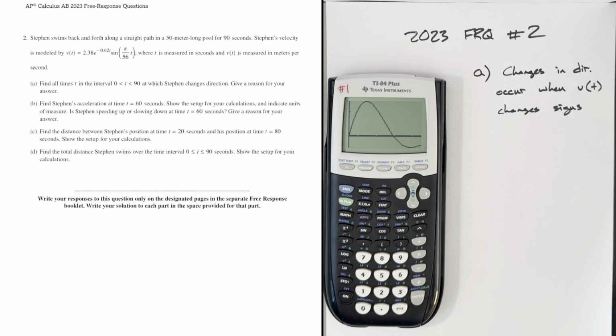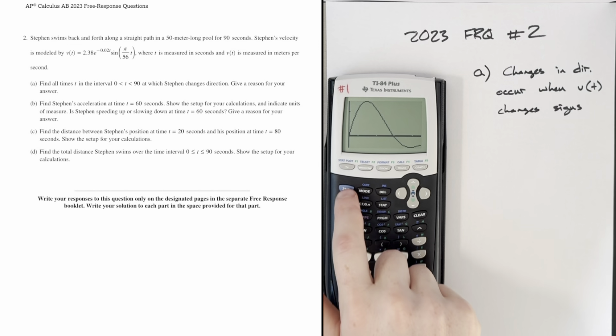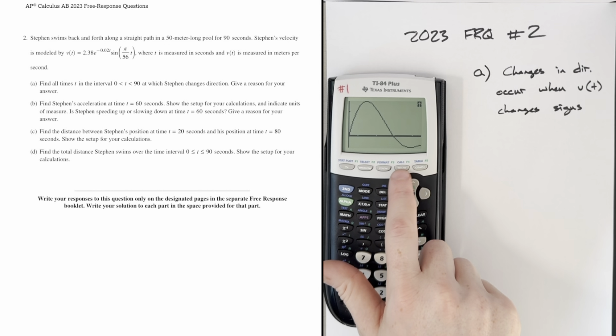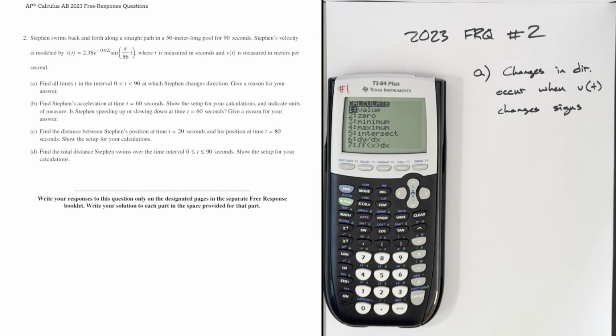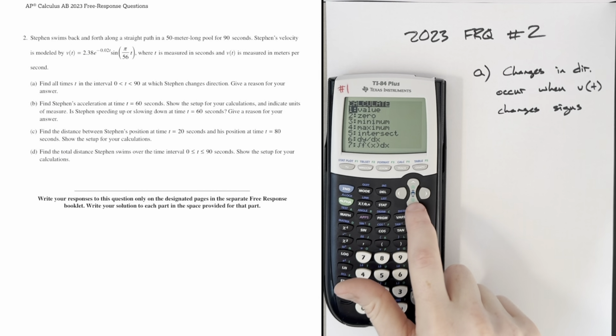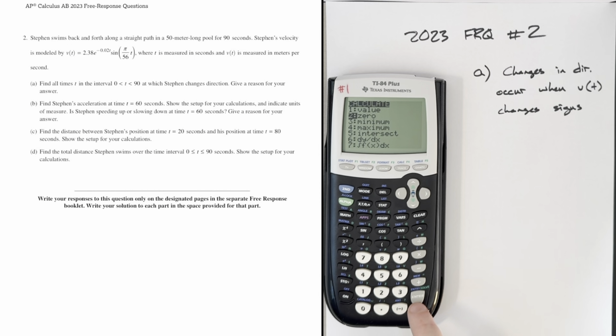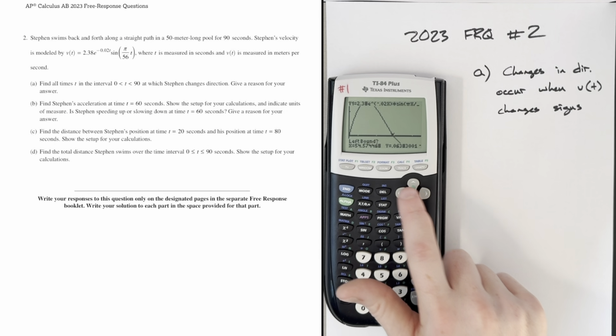So a great way to do all different types of things with this graph is by going second trace, which takes us to calc. And we have all these different things that we can calculate based on the graph. I'm looking for where it crosses the x-axis, so I'm going to go down to zero. And it's going to ask for a left bound and a right bound.